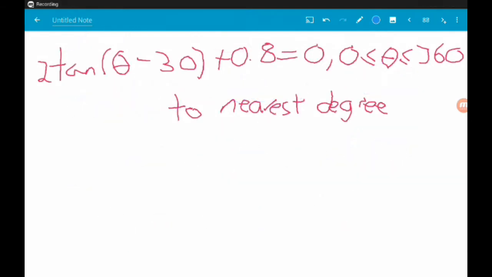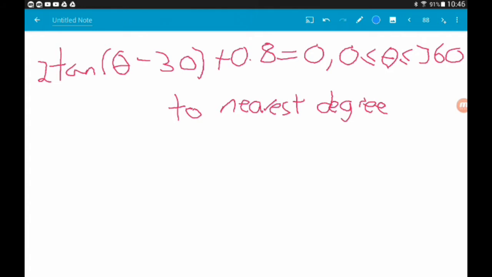Okay, last example then. We want to solve 2 tan of theta minus 30 plus 0.8 is equal to 0 for values of theta between 0 and 360 to the nearest degree. First of all, rearrange the equation.